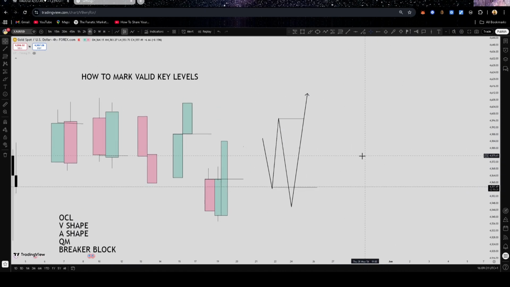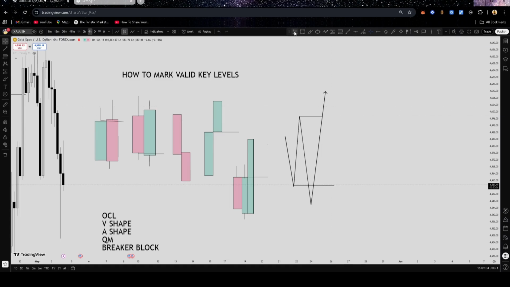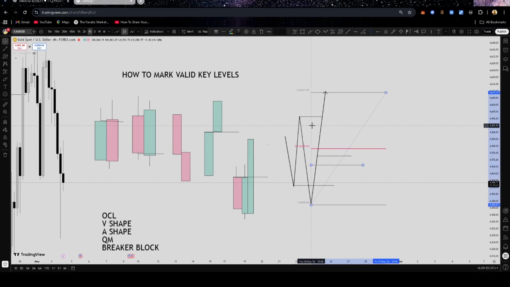One of the things I do is I will take my FIB from the low to the high, and I want to take key levels that are below the 50%. So any key level below here, I am going to investigate if it is valid or not. And if the key level is not valid, no trade for me. There will be no trade for me.